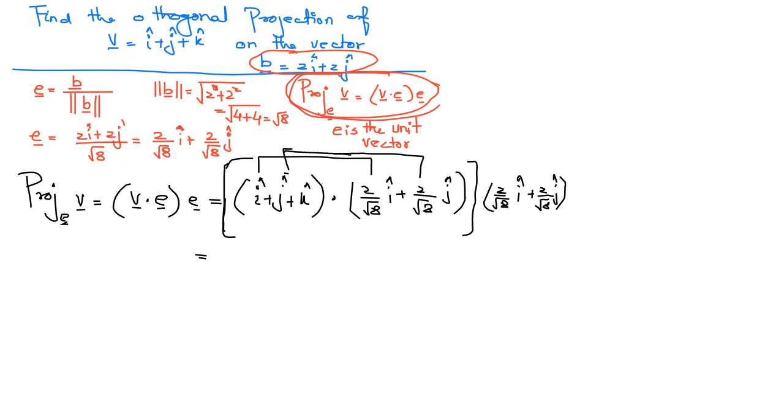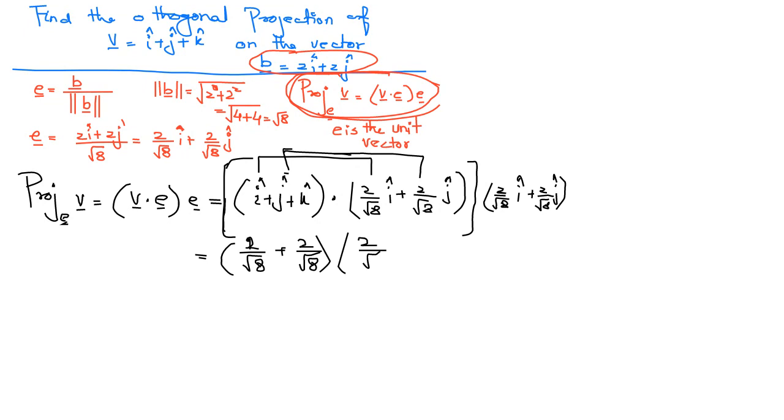Okay. I dot I is 1. So 1 multiplied by 2 divided by square root of 8 plus 1 multiplied by 2 divided by square root of 8. This is 1 and this is 1, and K is 0. There is no K, so no need to write it.